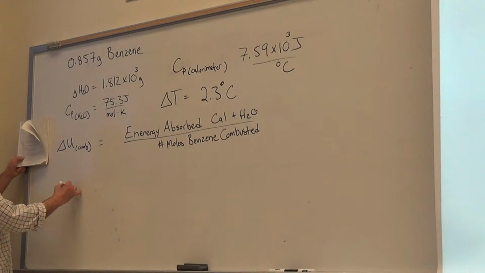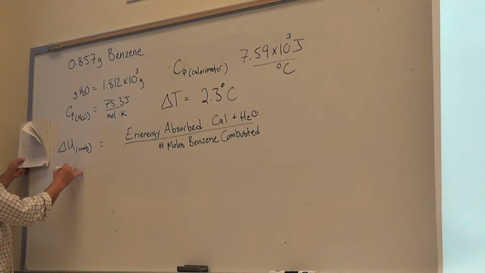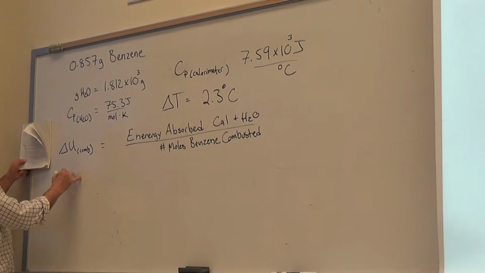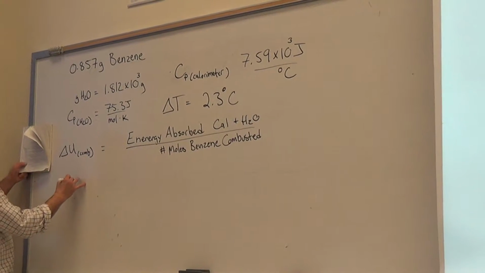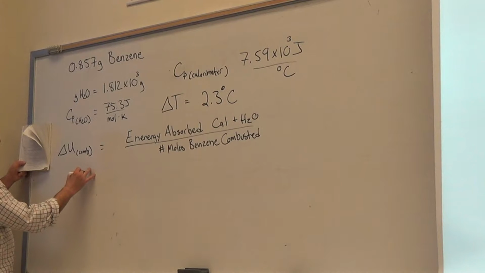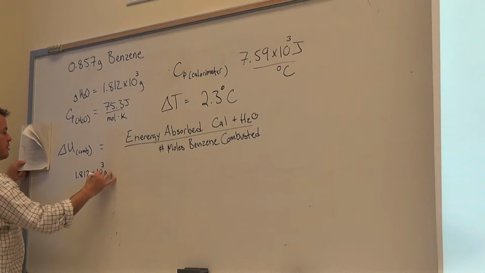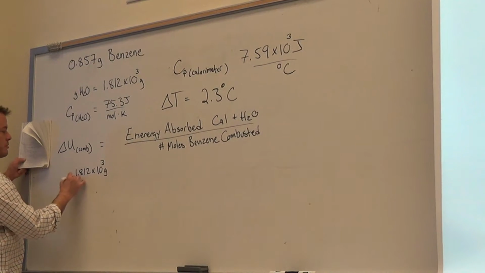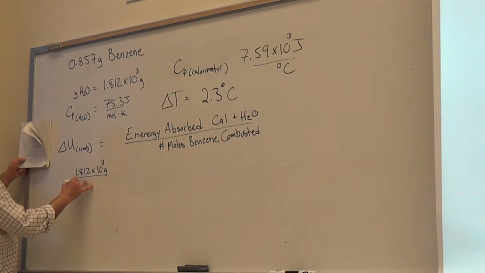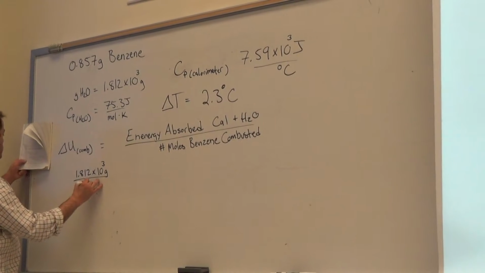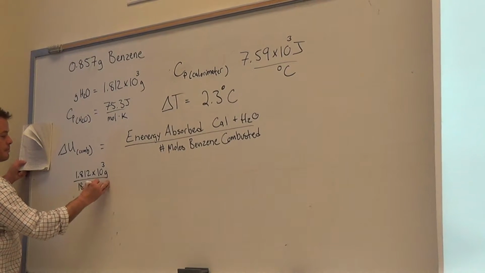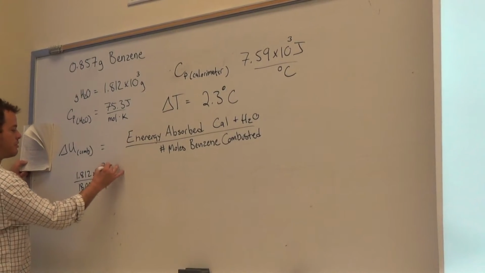And to calculate this, we've got to figure out how many moles of water we have. So 1.812 times 10 to the third grams of H2O. Divide that by the molar mass of H2O, 18.02 grams per mole. That gives us the moles of H2O.